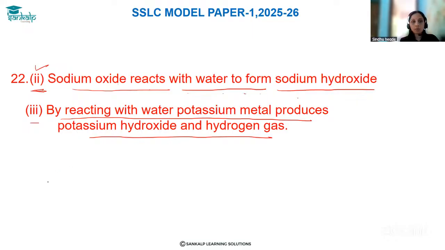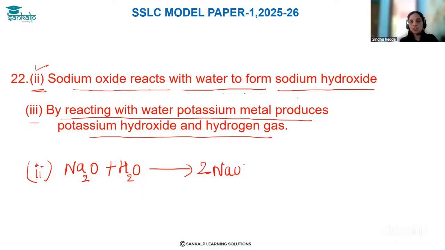See, sodium oxide is Na2O. It reacts with water, that is H2O, to form sodium hydroxide, 2NaOH.